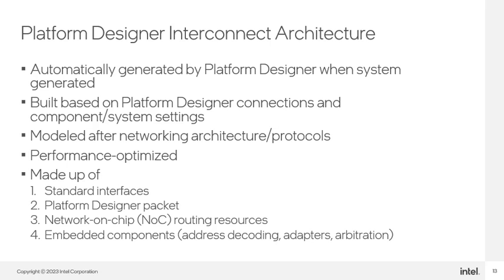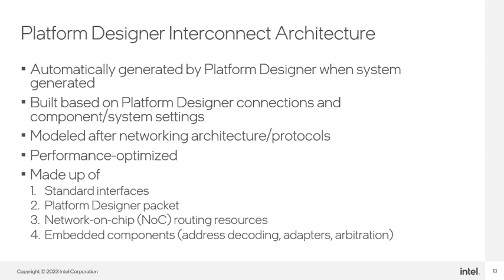Again, the idea is to let the user focus on what is connected to the system, not how the components are connected together. As such, the Platform Designer interconnect architecture is modeled after networking architectures and protocols, so it is optimized for performance, using a packet-based data transfer strategy for components to communicate.